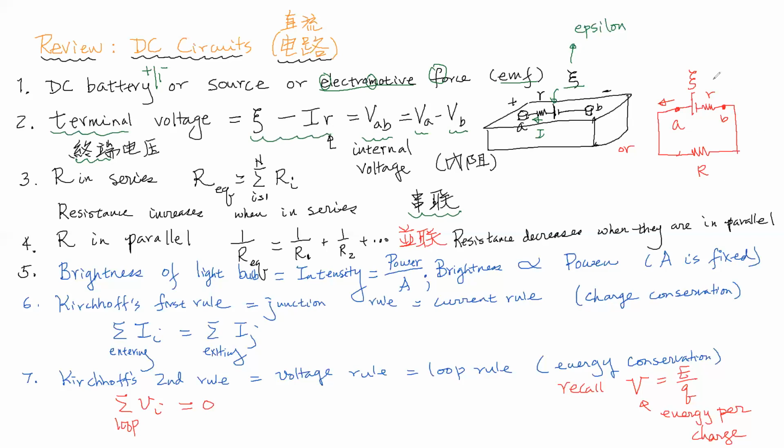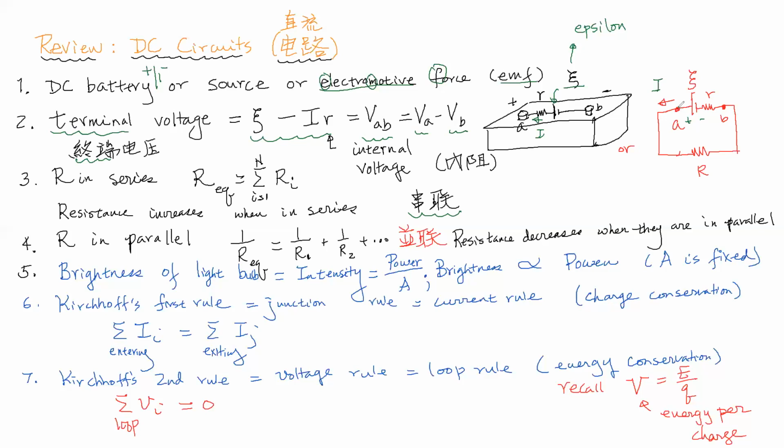Or you can look at a circuit like this. Let's look at just this part here, A and B, and I is going this way. So this is minus and this is positive. Going from here to here, you would subtract IR and then add the epsilon.